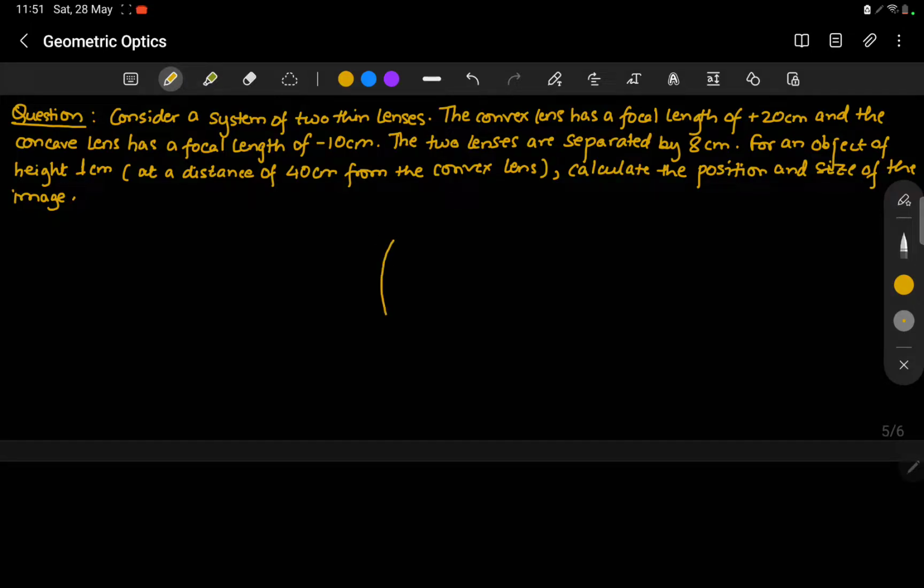So we have a convex lens followed by a concave lens. The separation between them is 8 centimeter. This is the principal axis.